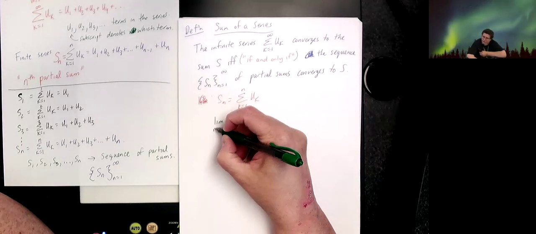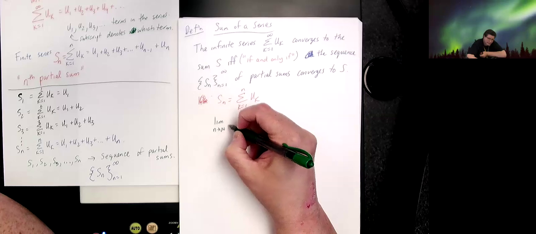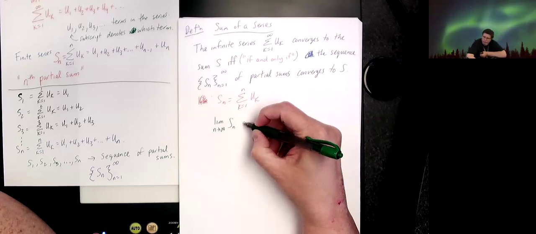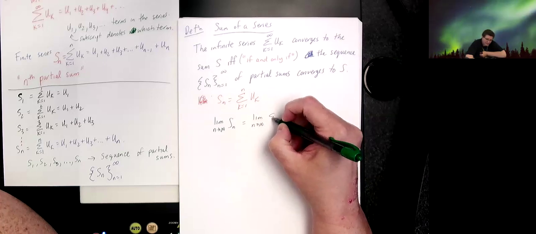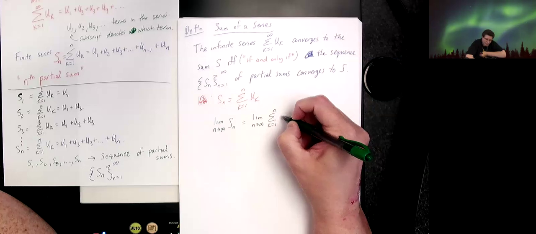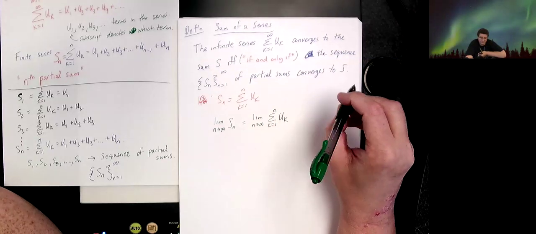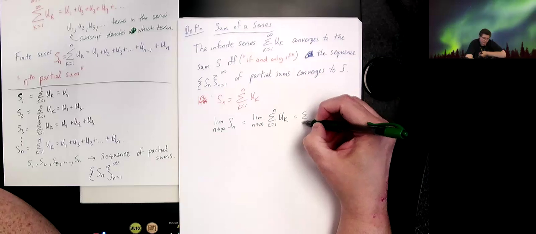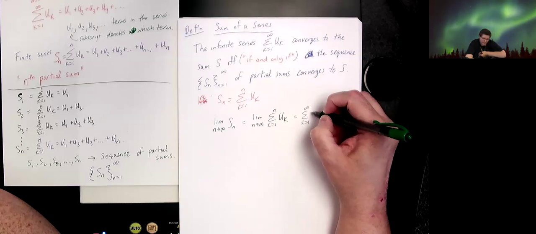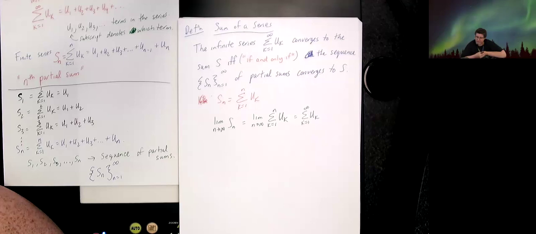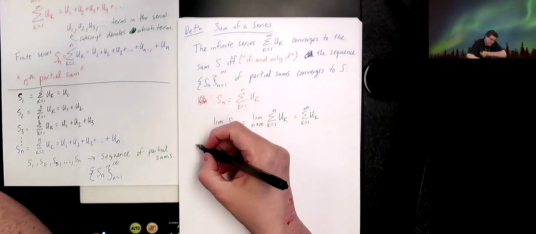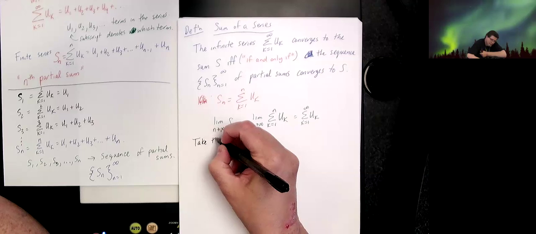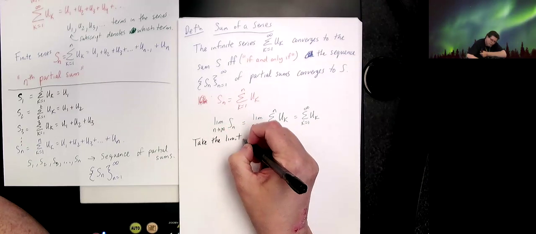Limit as n goes to infinity of S sub n equals limit as n goes to infinity of this summation, which makes it an infinite series, summation k equals 1 to infinity of u sub k. So we can find out what it converges to by taking the limit. That's what we're going to do. Work with partial sums and take the limit.